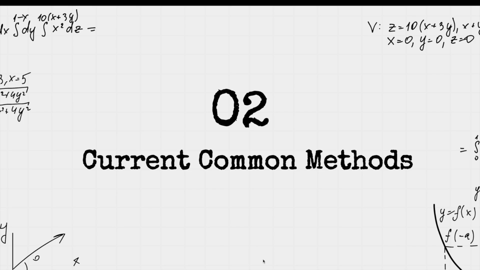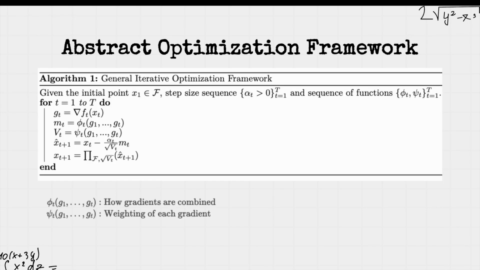In this slide, we present the general iterative framework for optimization, described as Algorithm 1. The algorithm begins with an initial point x1 from the feasible set F, a step-size sequence alpha t, and a sequence of functions phi t and psi t. For each iteration t from 1 to T, we first compute the gradient of the loss function, and combine the gradients using the function phi to calculate m t, and weight the gradients with psi giving v t.